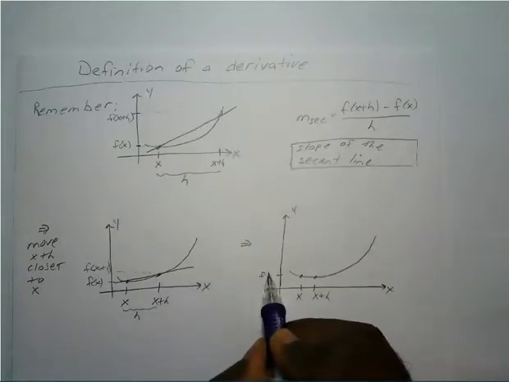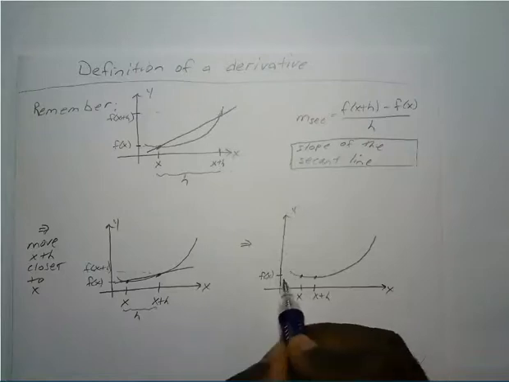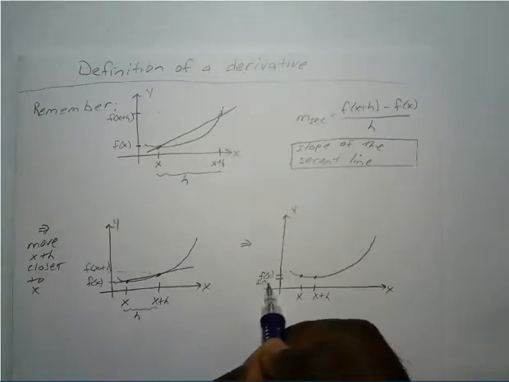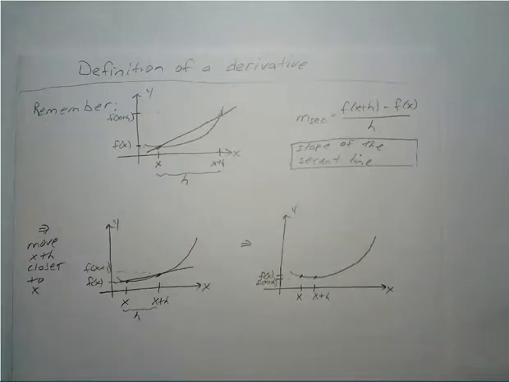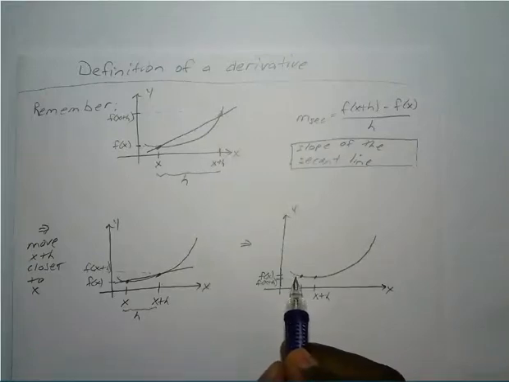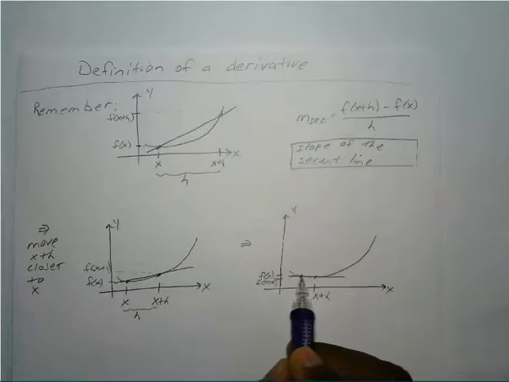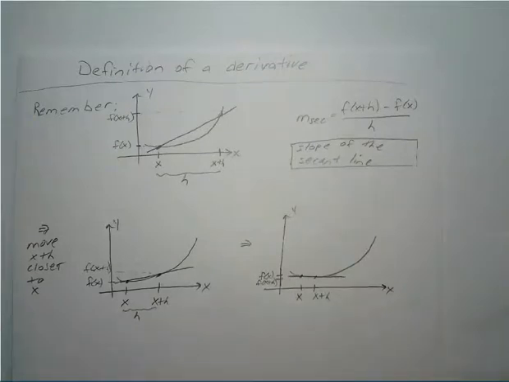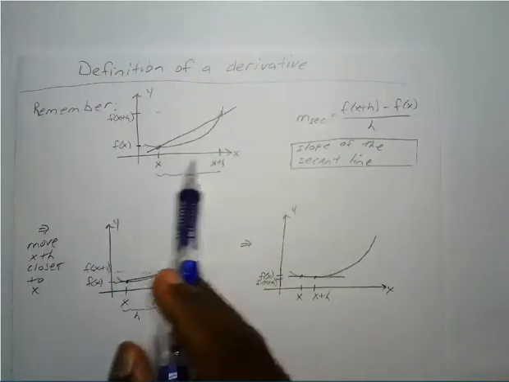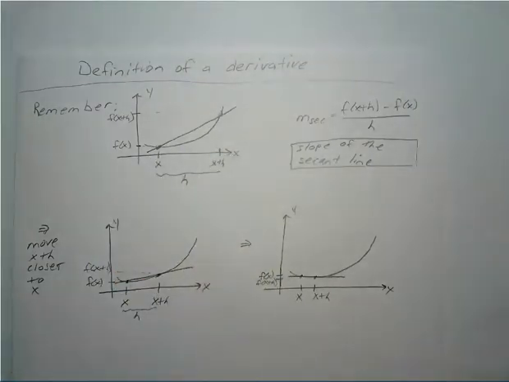There we go. You can see here that our slope of the secant line is now this. You can see that our slope is changing as the points get closer and closer together.